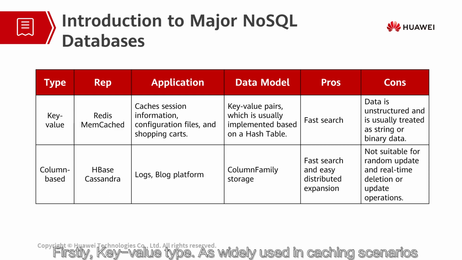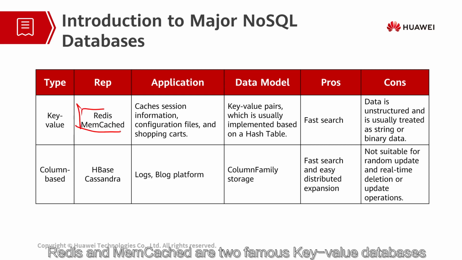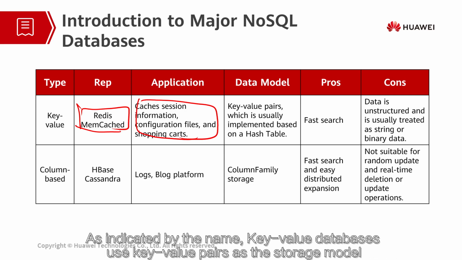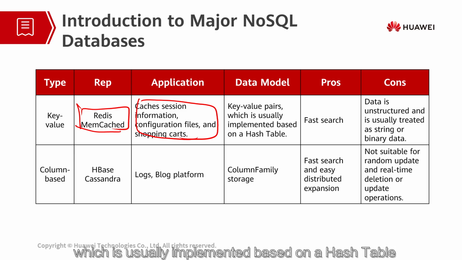Firstly, key-value type. As widely used in caching scenarios, Redis and Memcached are two famous key-value databases. And the main application is to cache session information, configuration files, and shopping carts, etc. As indicated by its name, key-value databases use key-value pairs as the storage mode, which is usually implemented based on a hash table.